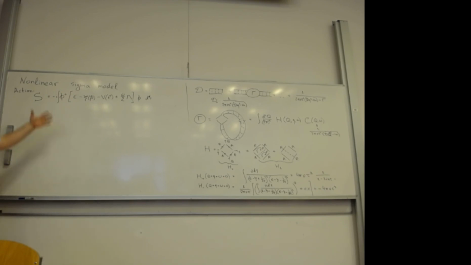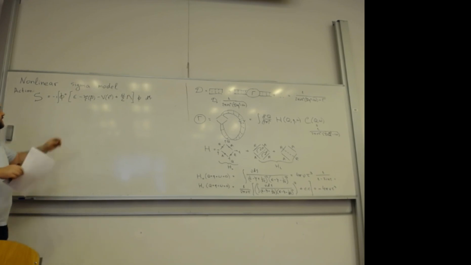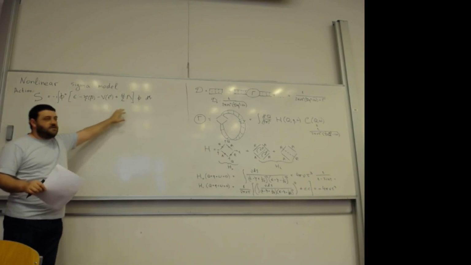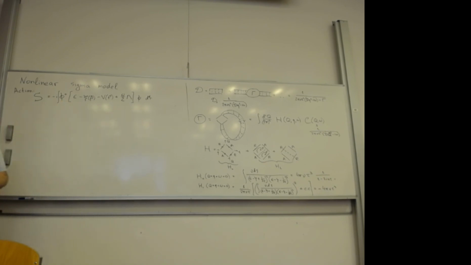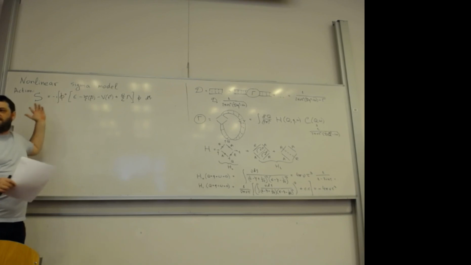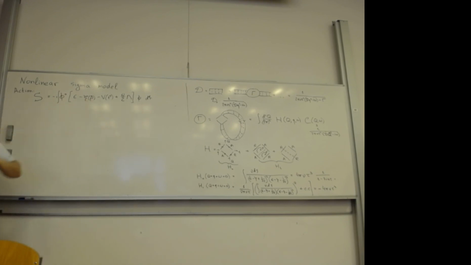But it's just a mathematical construction. Phi is a field. It's a function of point in space. It's like a wave function, and this is an operator. This operator acts on the field, then we multiply it with another field from the left. Then we integrate. So this is like a matrix element.